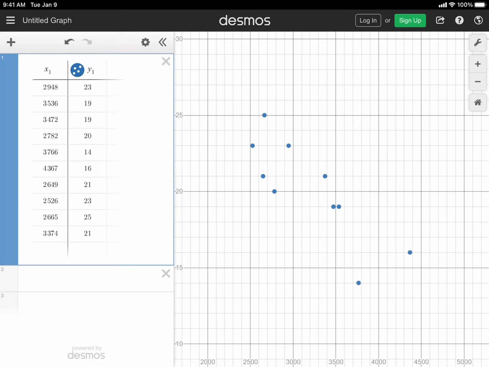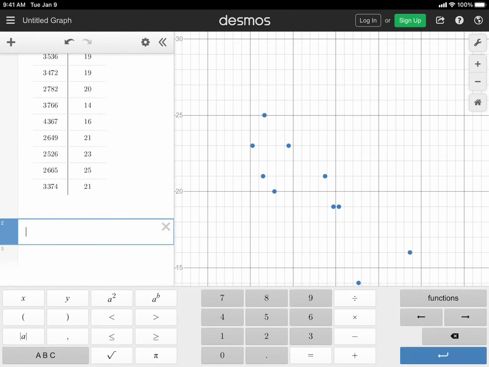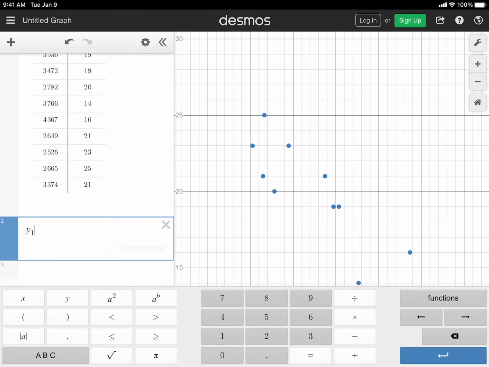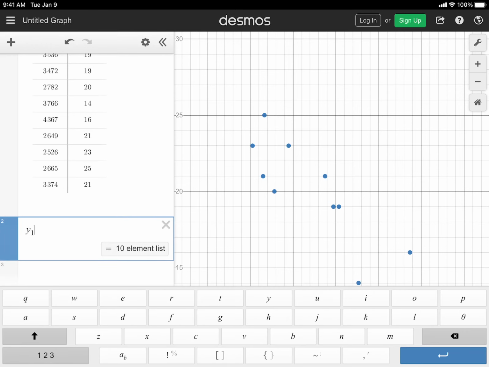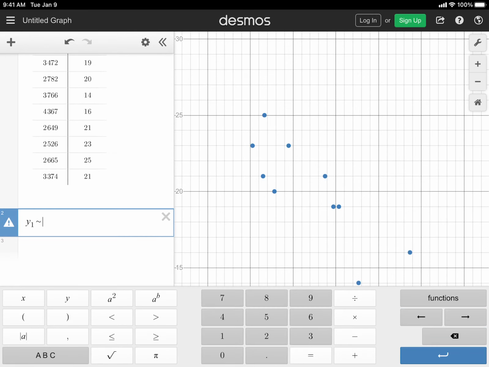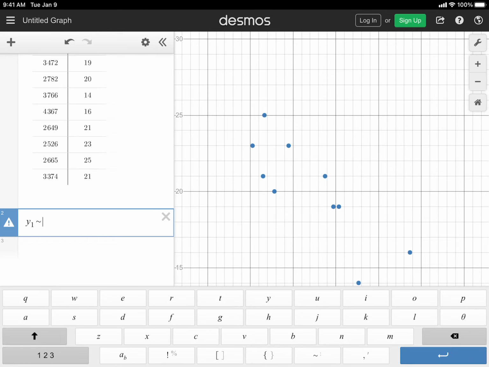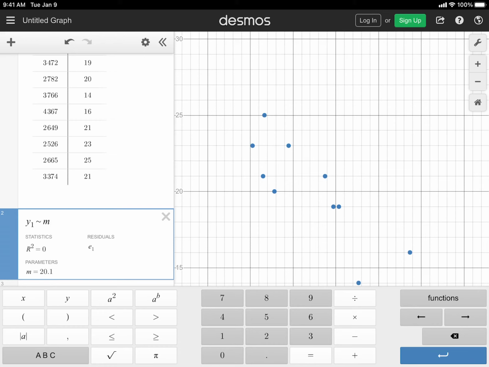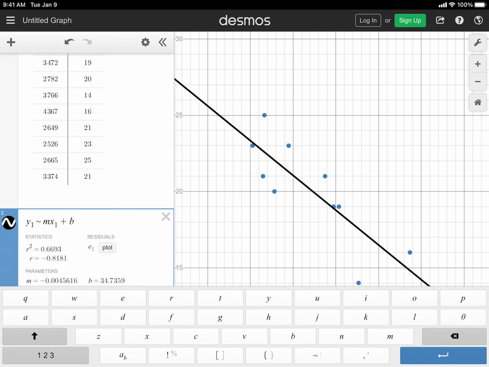And so if we want to find the linear regression line, we're going to type y1, then use the tilde symbol, and then we're going to do m for our slope, x1 plus b.